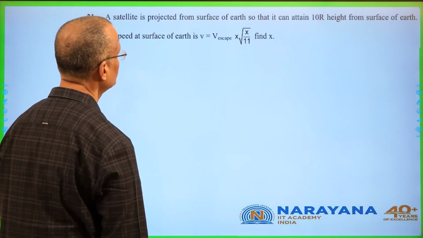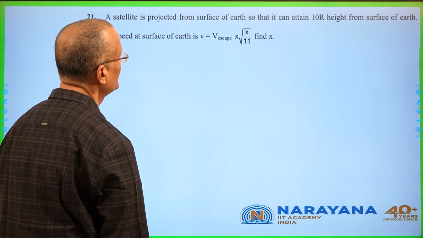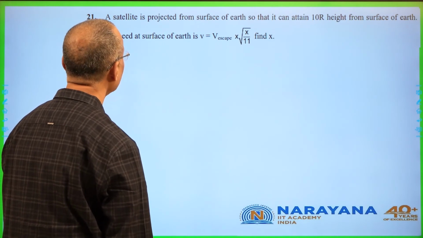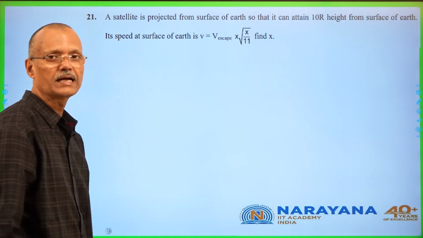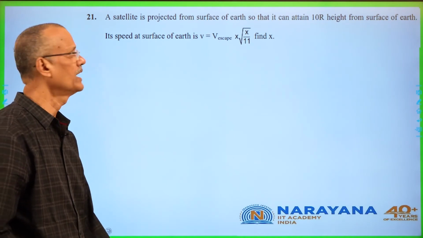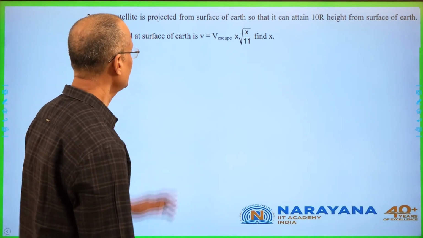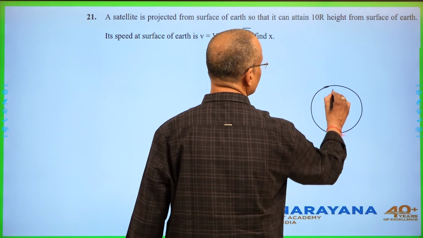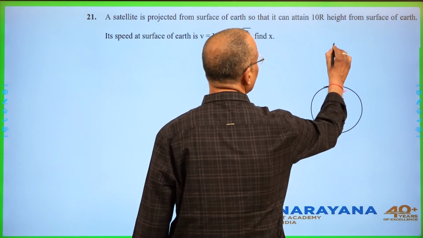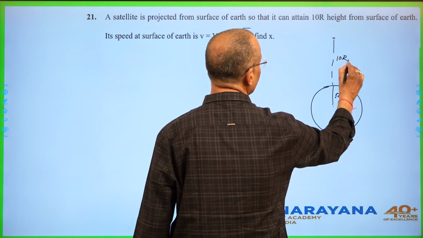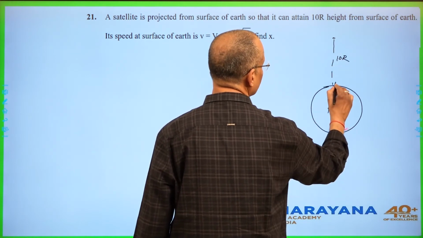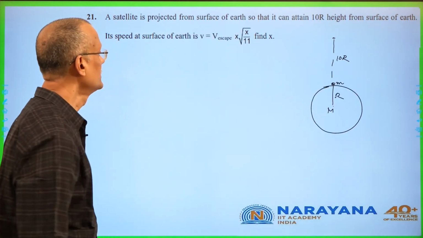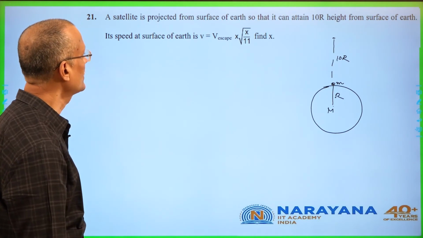A satellite is projected from surface of Earth so that it can attain 10 R height from surface of Earth. Its speed at surface of Earth, directly principle of conservation of energy you use. You are projecting it from surface of Earth. If I take Earth, this is R, and you want to take it to 10 R, mass of Earth M, satellite mass I am taking a small m.